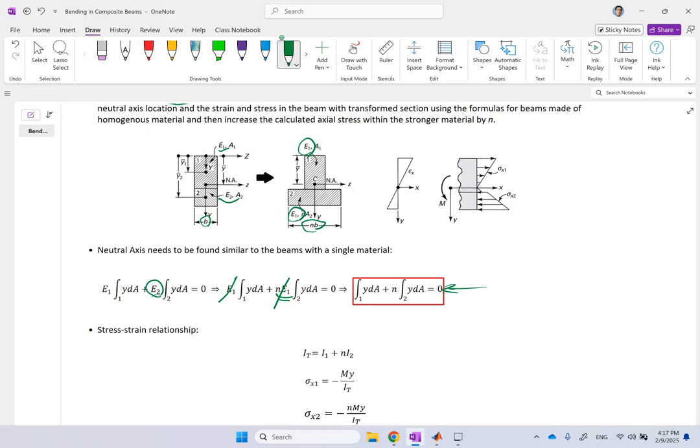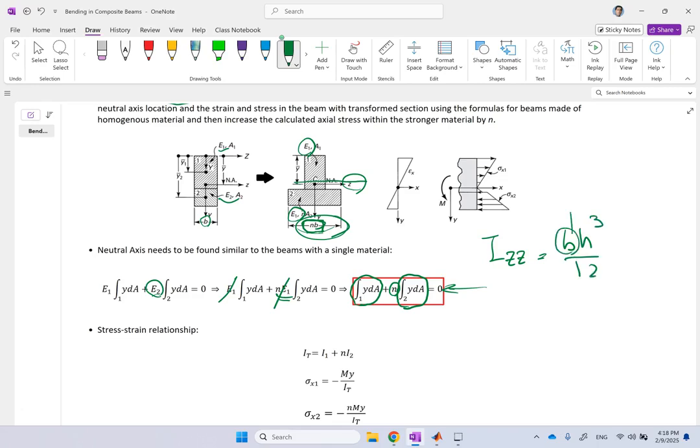And if you look at this, you see that the first moment of the weak section is added to the first moment of the stronger section, which is multiplied by n. Now, how can you make the moment of the stronger section n times bigger? As I said, the solution is to make it n times wider. Because remember, it's parallel to the z-axis, so this dimension, whatever it is, it has power 1. Remember, I for this section is b h cubed over 12.